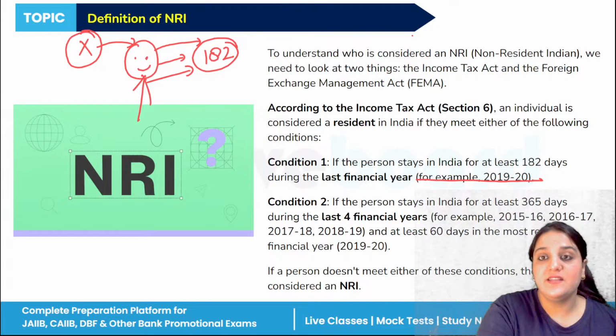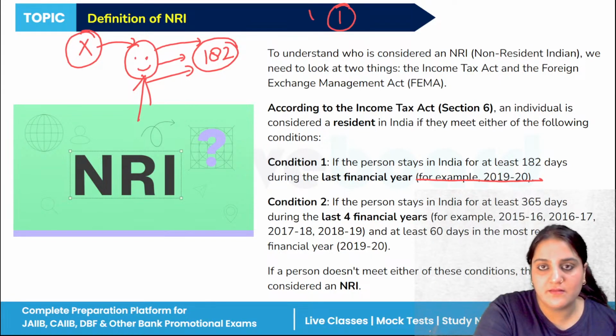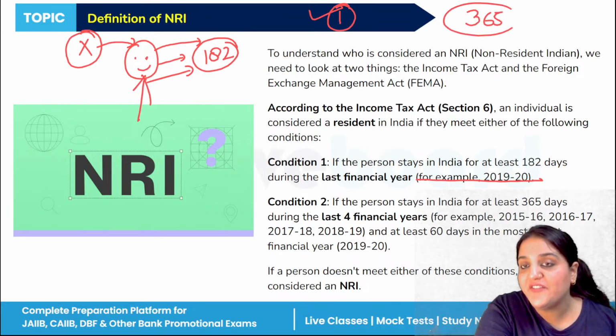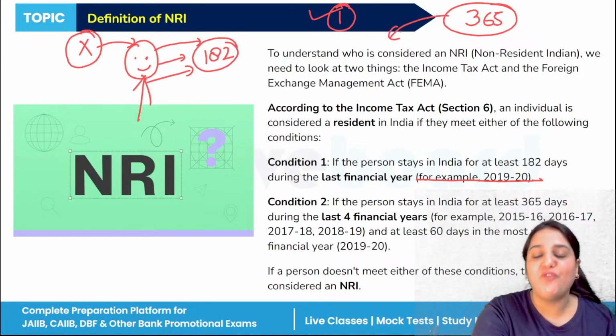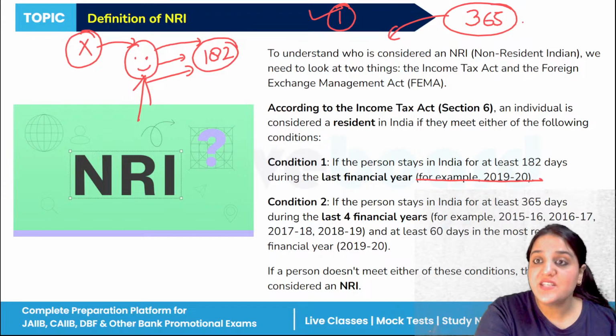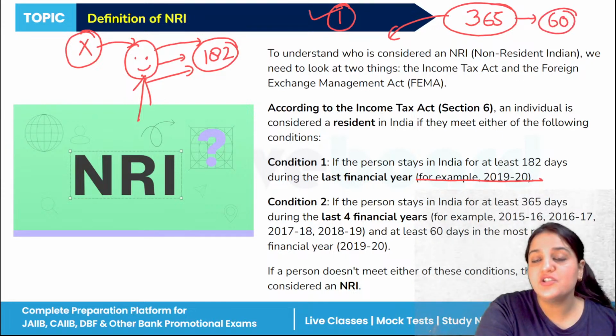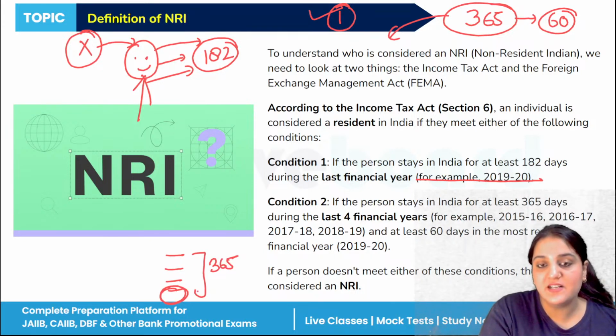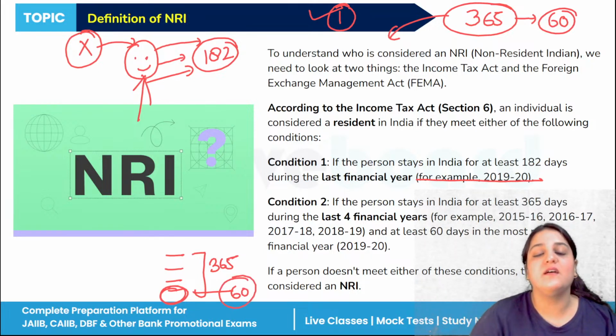Then first condition, either this condition is fulfilled by Mr. X. The second condition is this person lives at least 365 days in India in the last 4 financial years, and 60 days in the most recent financial year. So 4 financial years are there, total 365 days, but in the most recent one 60 days is mandatory.